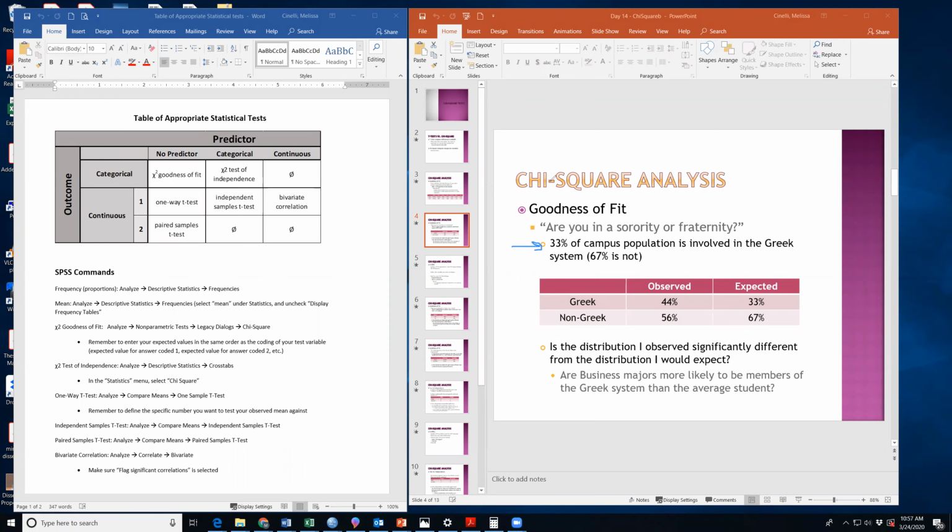All right, and so I can ask this question. The question that might appear on the data analysis plan would be something like 33% of the Ole Miss student body population is in a Greek organization.